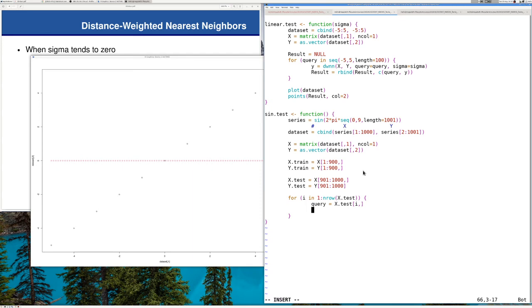I will apply that query in my DWNN, providing my training in terms of input space and in terms of expected results, okay? And my query goes here and my sigma goes here. And of course, my sigma has to be given as a parameter, okay?